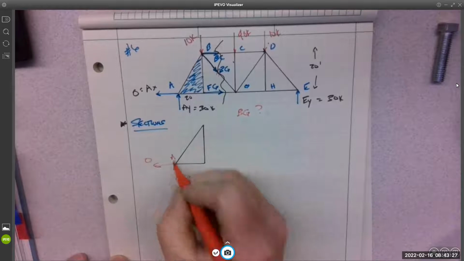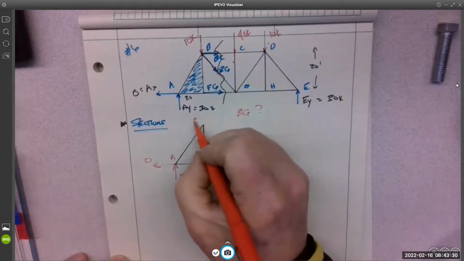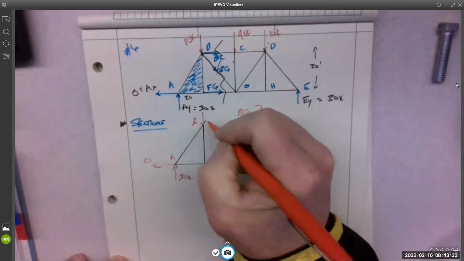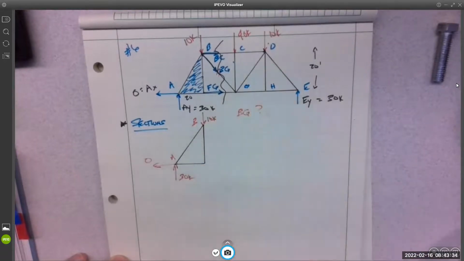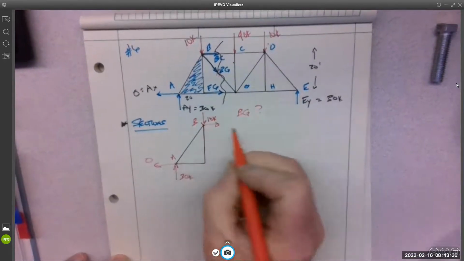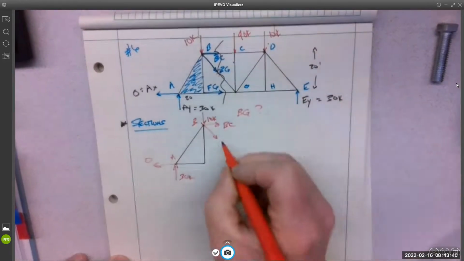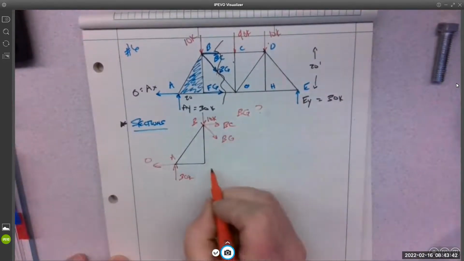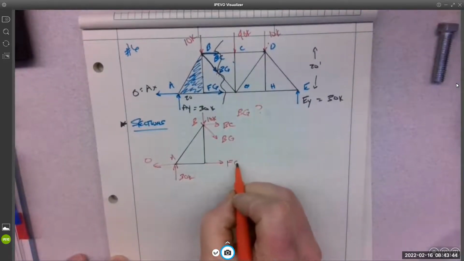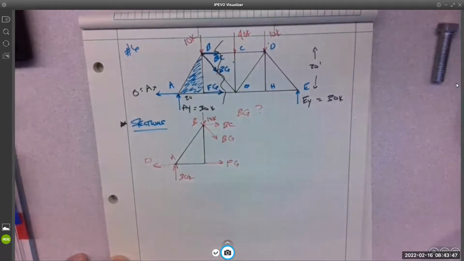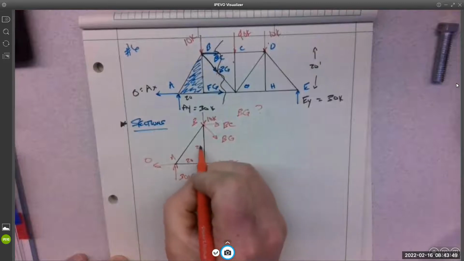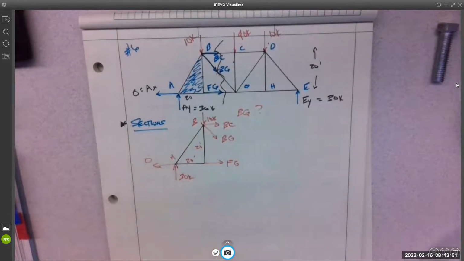So this is point A. This is B. It has 10K coming down. It has BC. It has BG. It has FG. This is 20 and this is 20 feet. That makes sense?